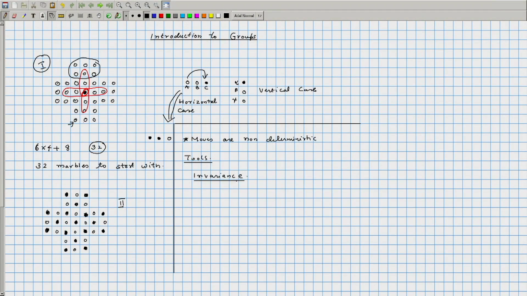So, some adversary is performing some sequence of operations on some configuration space, and each configuration has to follow certain rules. It is either the horizontal case or the vertical case, but we will identify some quantity associated with each configuration such that that quantity remains invariant, it does not change even after the move is made.